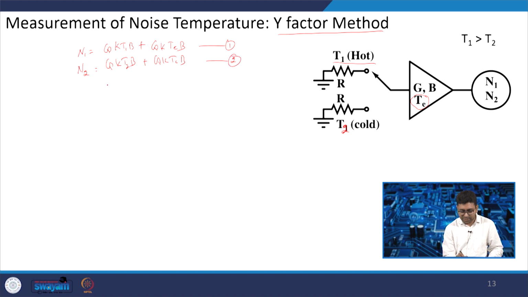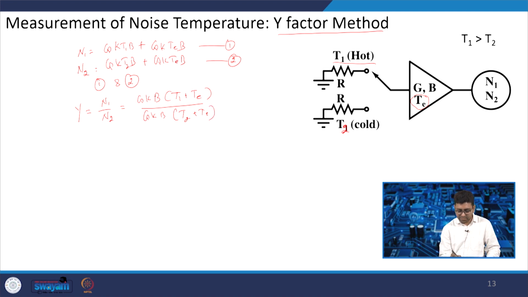By using equations 1 and 2, if we find the factor N1 by N2, this is nothing but the Y factor, which is given as Y. Gk is common, so you can write G k B into (T1 plus Te) by G k B into (T2 plus Te).